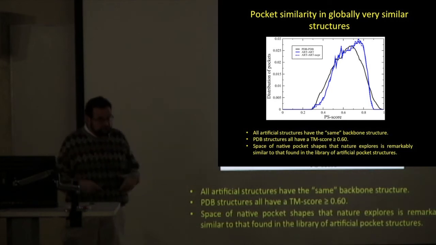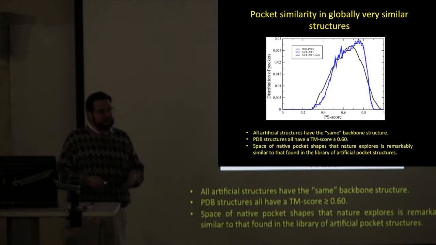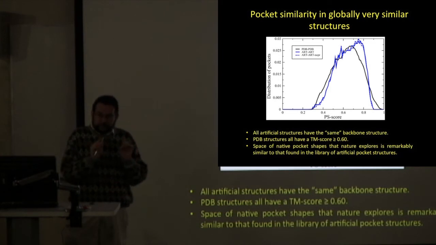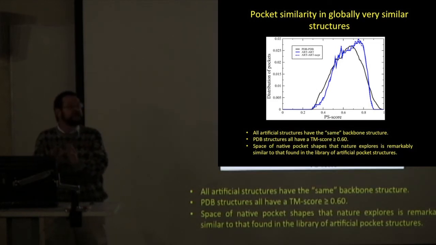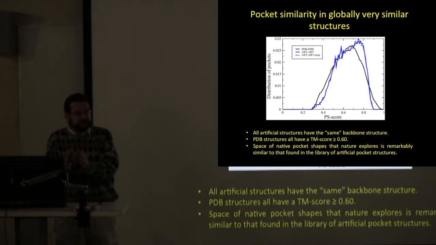Most of them are similar, but some are not. These are the biggest pockets. They're moving around. So they're coupled, but not quite, is the moral of the story. There is a relationship between the global fold and the similarity. The more similar the global fold is, the more likely they are to have pocket similarity. But it's still a minority in all cases when you look at representative structures.